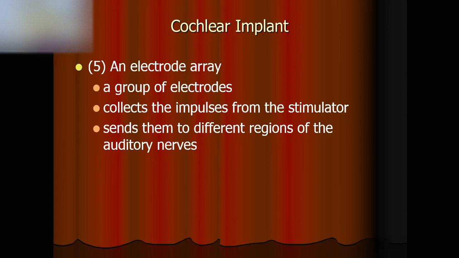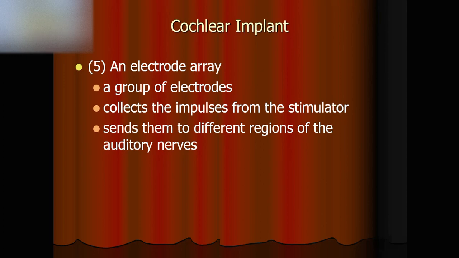Before the surgery, the cochlear implant product's electrode array is a straight line. It's very soft. Why soft? There's a reason for that.